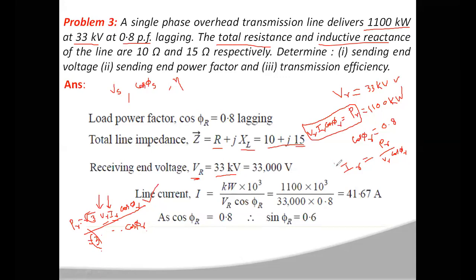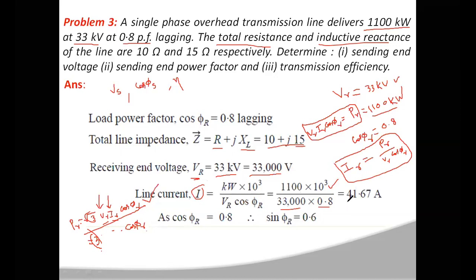So then the current can be calculated by using this equation. IR is equal to PR by VR into cos phi r, and the PR value is 1100 kilowatts. So 1100 into 10 cubed you can write, and the VR value is 33,000 volts into power factor 0.8. So your line current or phase current, both are the same.